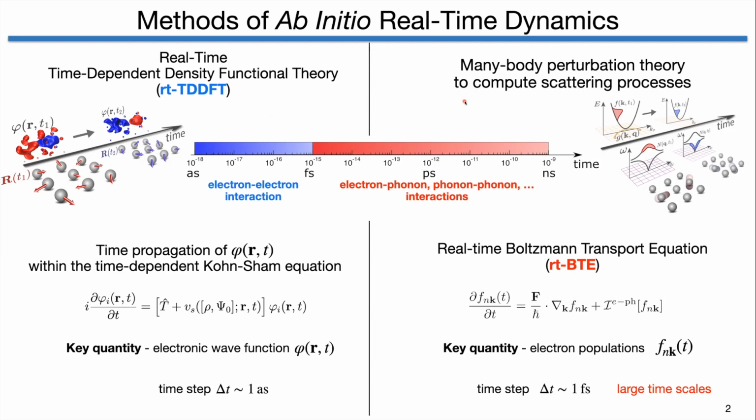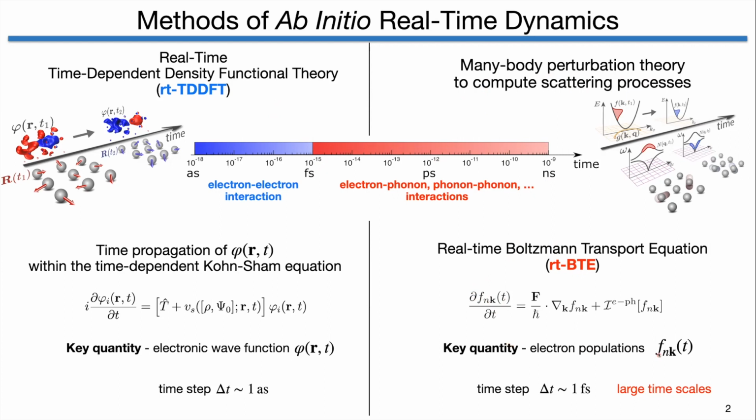Therefore, we are going to use the method that you know already very well, which is many-body perturbation theory, to compute the scattering processes. In particular, the real-time Boltzmann transport equation, where we compute the time evolution of the electronic occupation function f_nk as a function of t, which was very well presented in the previous theory talk by Drew.